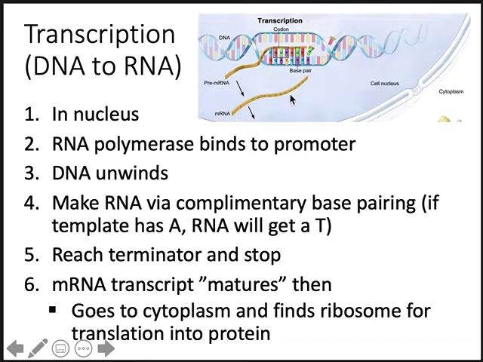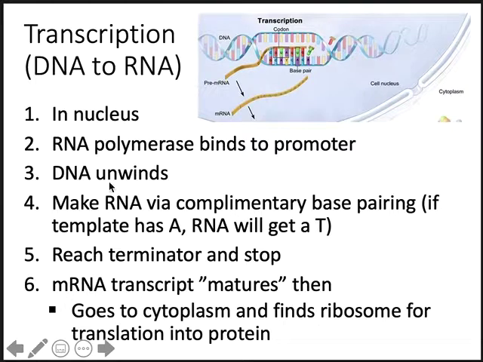This mRNA transcript has to go through several steps to become mature so that it can survive outside the nucleus without getting attacked. We call this the maturation process. And then the mRNA transcript goes outside of the nucleus into the cytoplasm to find the ribosome for translation into protein.